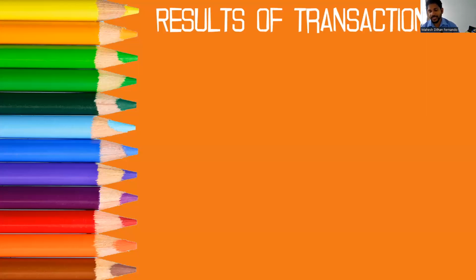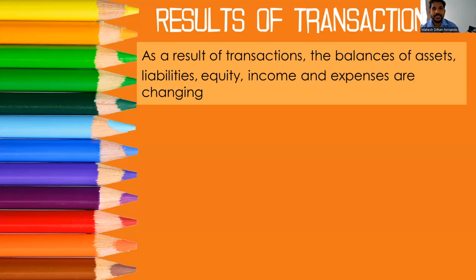Result of transactions. Puta, as a result of transactions, I think you know this, the balances of assets, liabilities, equity, income, and expenses are changing. Although I ask you to forget about the accounting equation, just look at that. As a result of transactions, every time assets, liabilities, equity are fluctuating, changing.